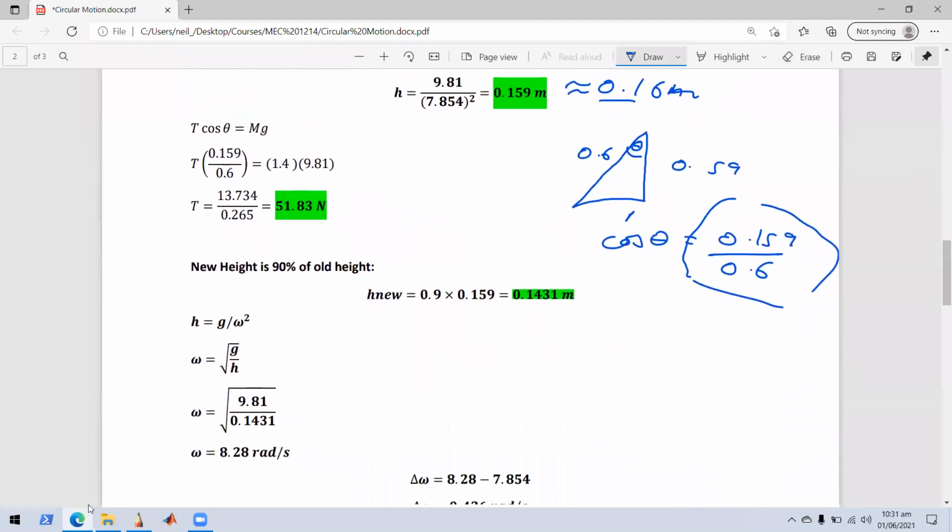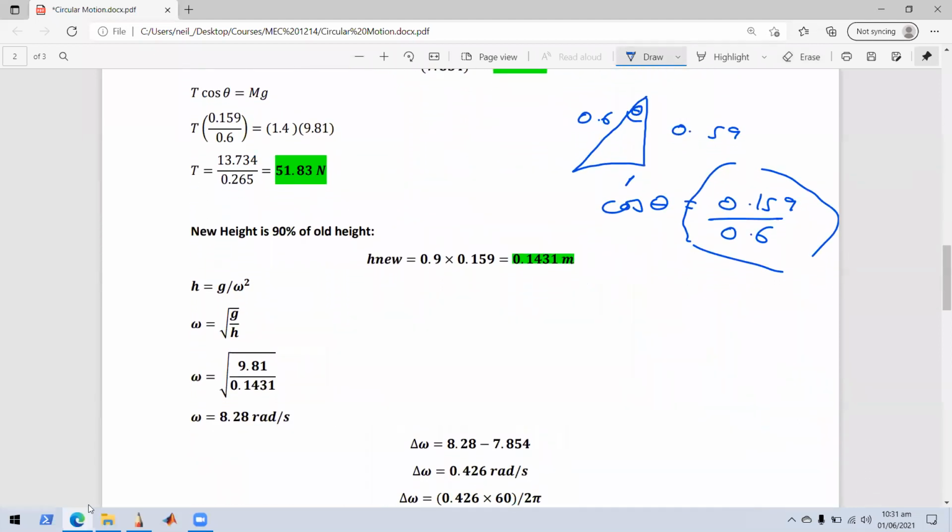So the height currently is 0.159. Now, a 10% reduction in height would mean we find 10% of this and then subtract that from it.